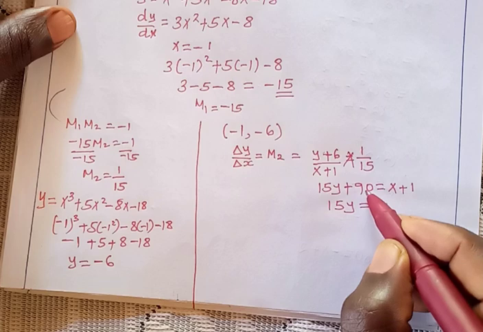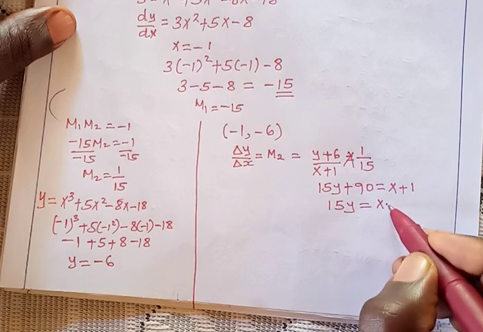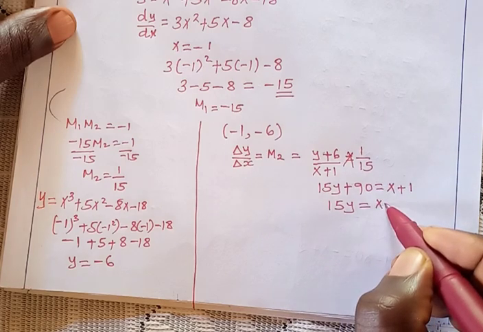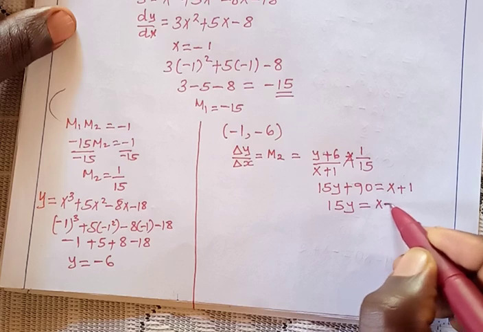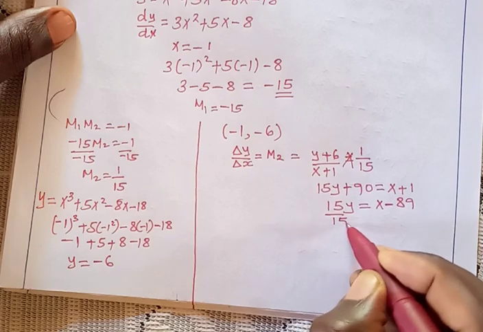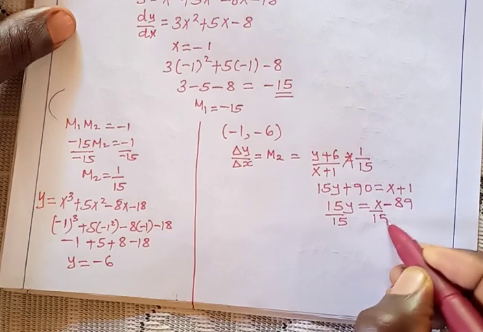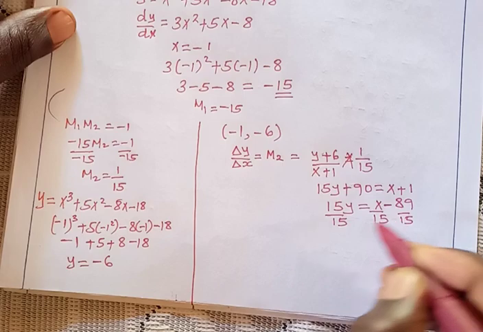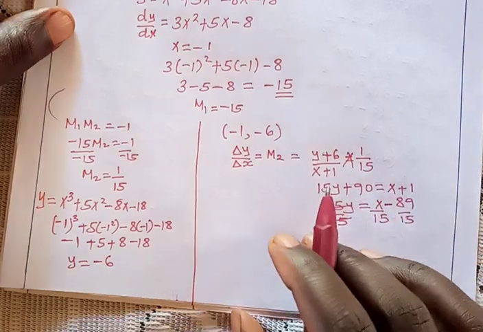Now this is 90. When it goes to the other side, it is a negative. So 1 minus 90 is going to be negative 89. We divide both sides by 15. 15 and 15 will cancel.